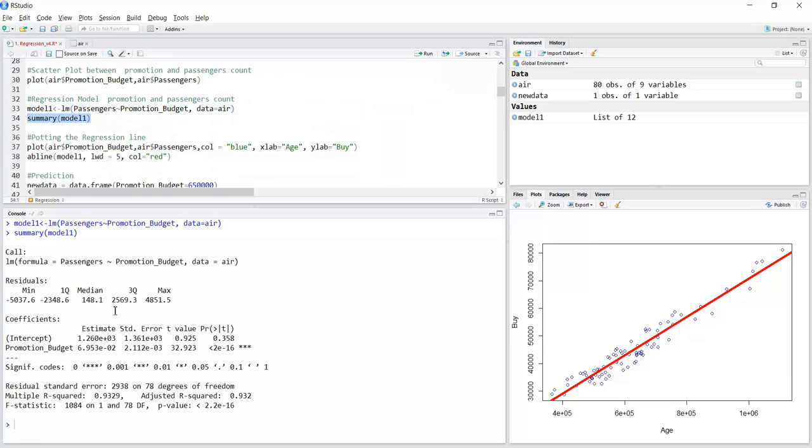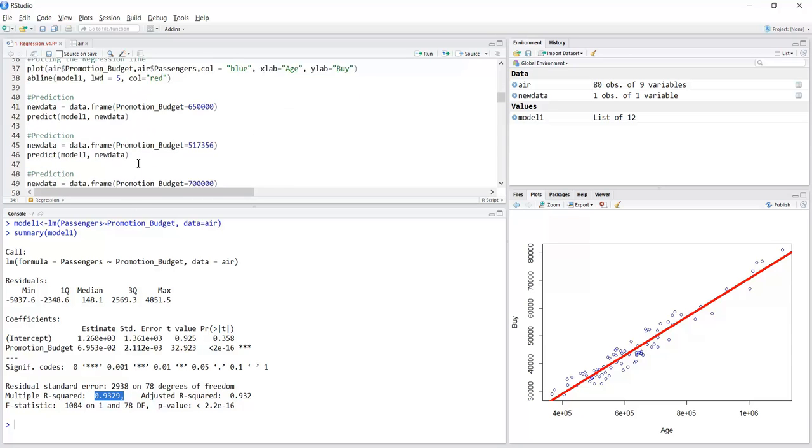What is the R square value of our model? R square is 93%. Is it a good model? Yes, it is, because we explained 93% of the variation in the Y variable. What percent of the variation could we not explain? Around 7% of the variation we could not explain using this model.